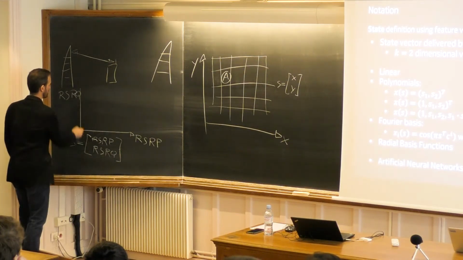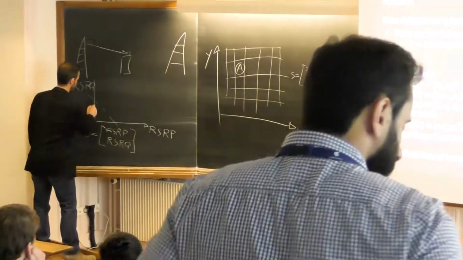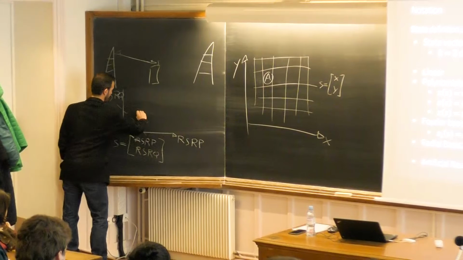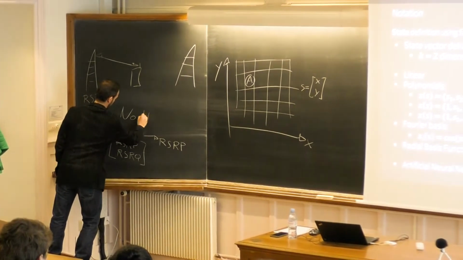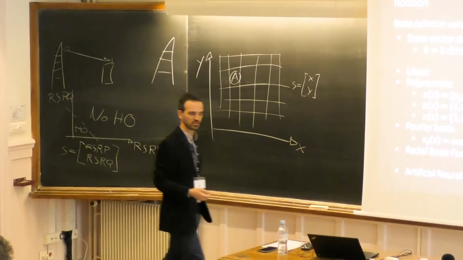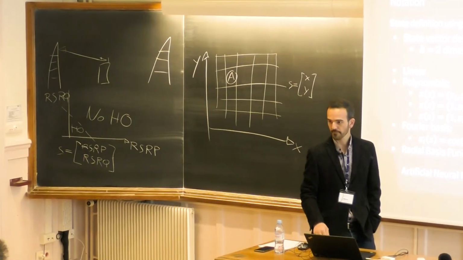Then a very simple algorithm would be basically just using some binary classifier, for instance. Whenever you have states in this region, you trigger a handover. Here, you don't trigger the handover. So this is just two simple examples of what you could describe with the state of the environment.